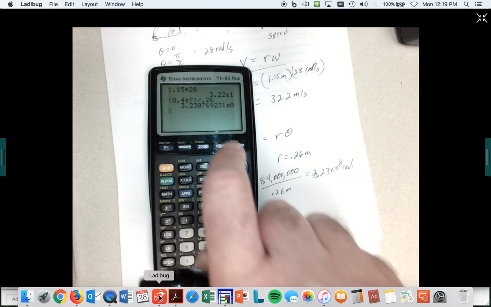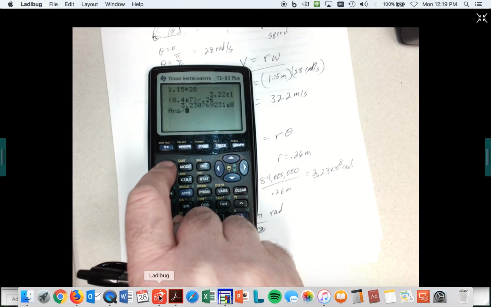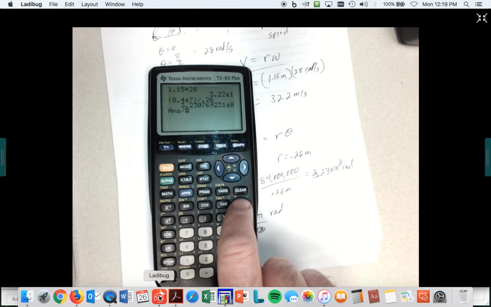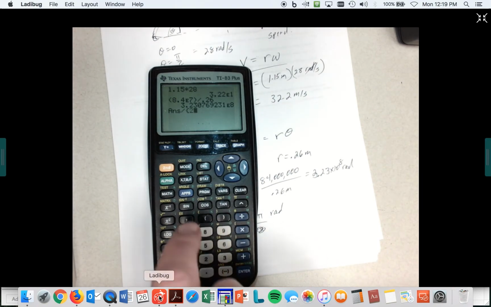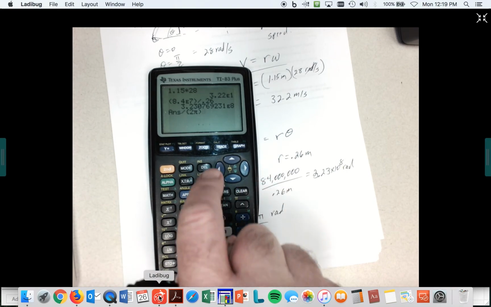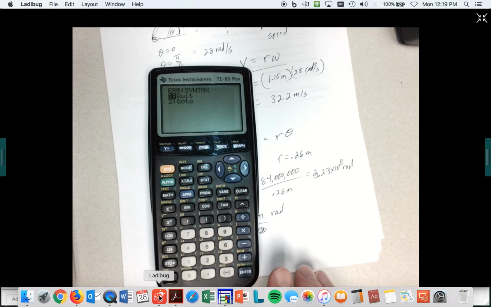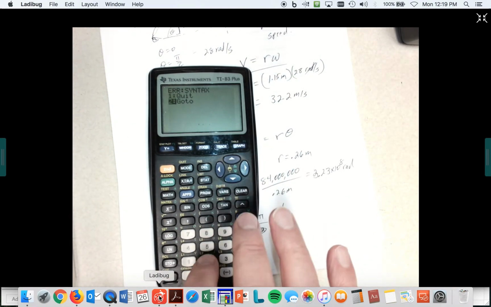Oh, look, it's going to come out pretty close. You have to do this: this is crucial. If I'm going to divide by 2 pi, I've got to make sure I put that in parentheses. Bam. Whoops. What did I do wrong?